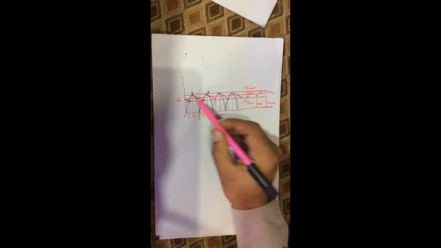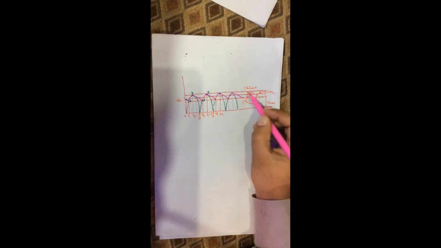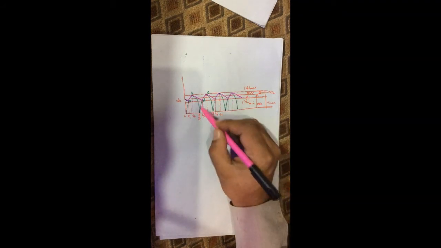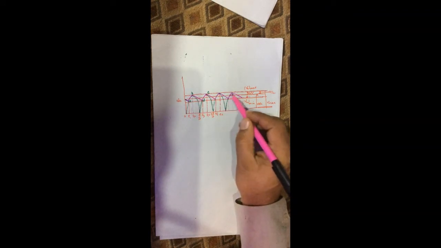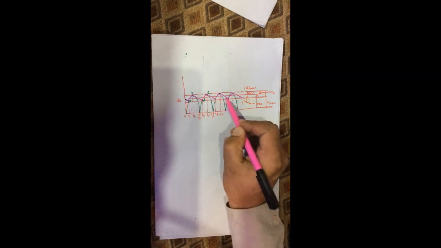Now here I will find out the ripple factor. These represent the ripple. This region is the ripple voltage, represented by VR. Before the filter, the ripple was this one, but now after passing through the filter, the ripple is reduced to this one.